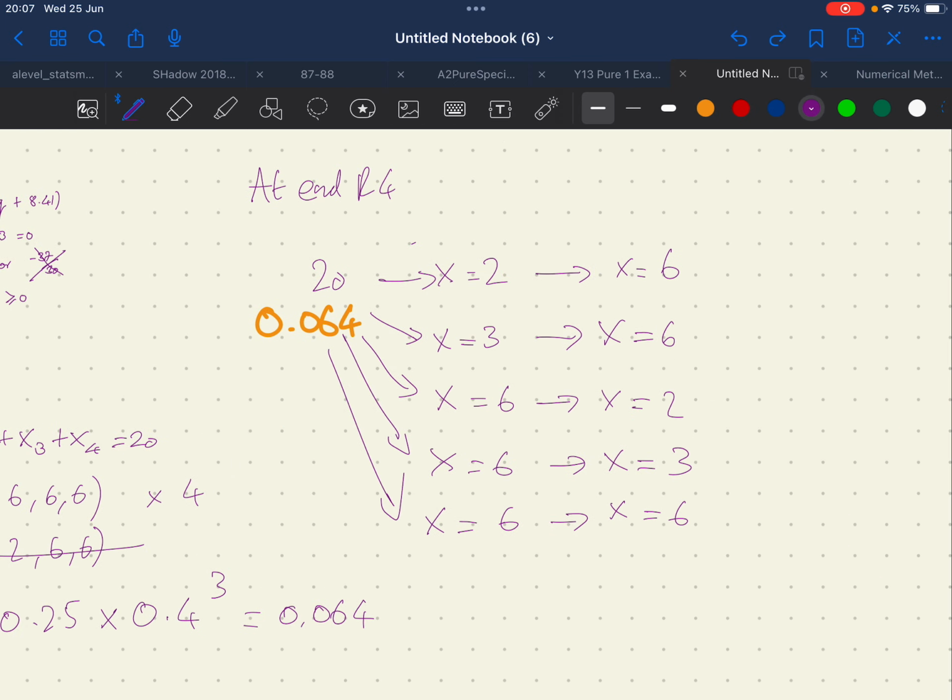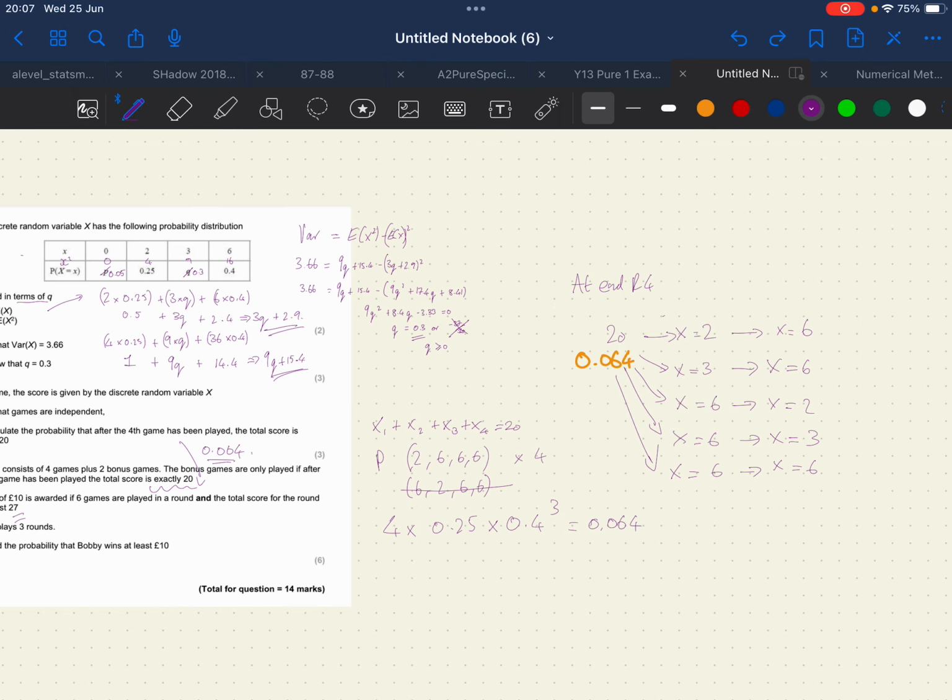So a 2 and a 6, let's zoom out a little bit. A 2 and a 6 is a 0.25 times a 0.4. A 3 and a 6, well, that's a 0.4. I'm just going to write all my 0.4s really quickly because I know that that's a 0.4. What was 0.25? That's a 2. So what's a 3?